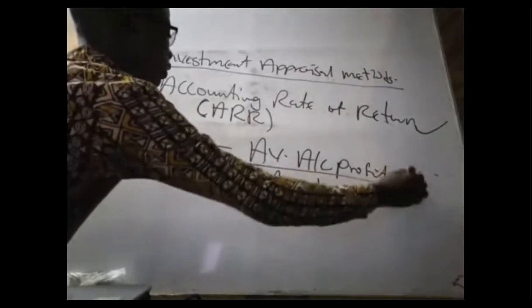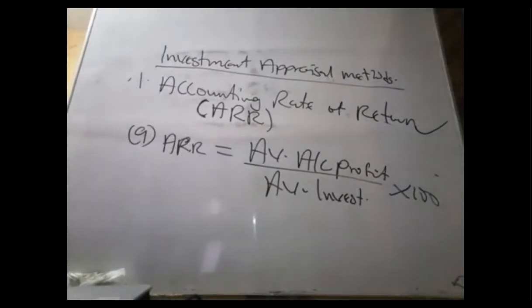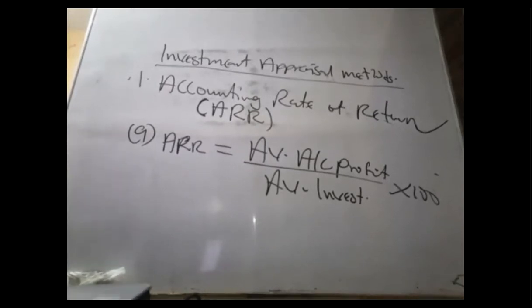All of this multiplied by 100 because it's a rate. The answer is in percentages, like 20%, 18%, 12%. So that is formula 1.